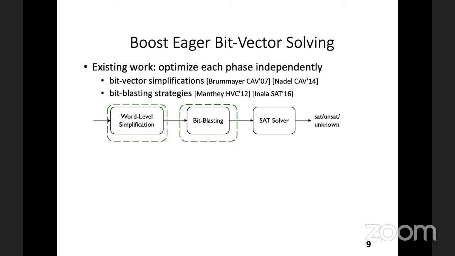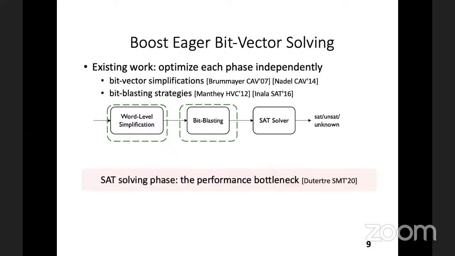However, if the size of the Boolean formula cannot be reduced, the final phase would be very expensive. A recent work also claims that the SAT solving phase is often the performance bottleneck of modern bit vector solvers. Our work will focus on speeding up the third phase, SAT solving.